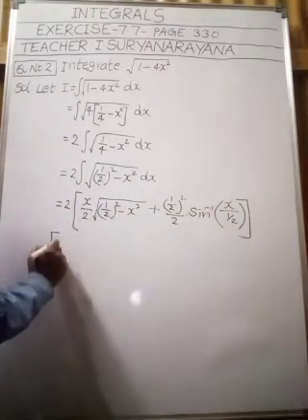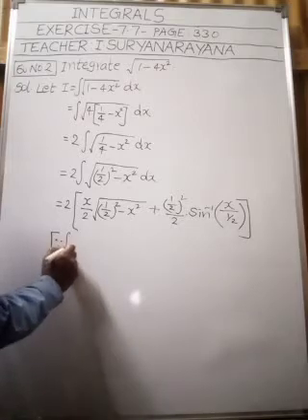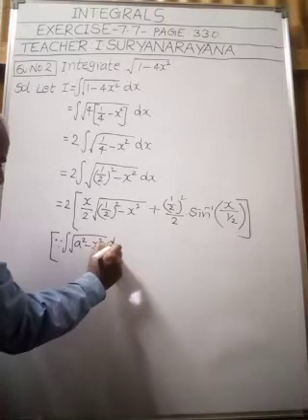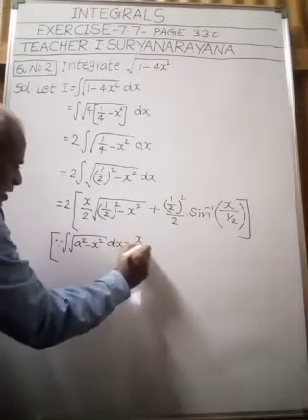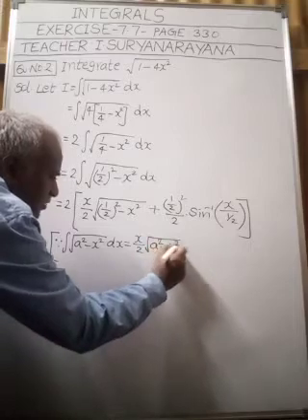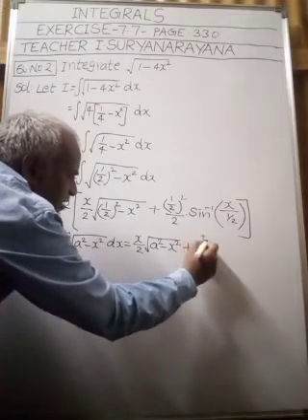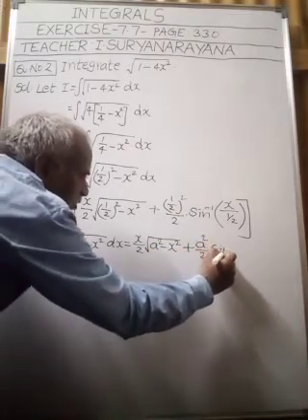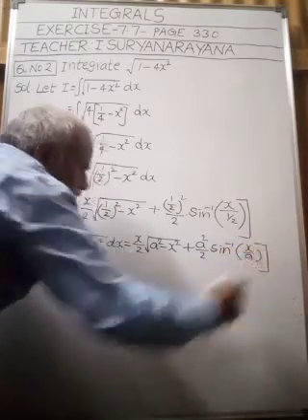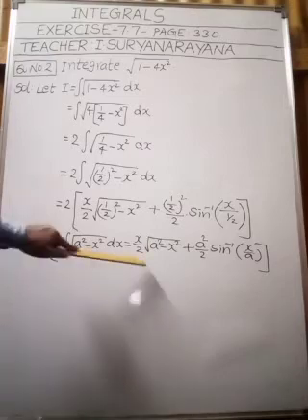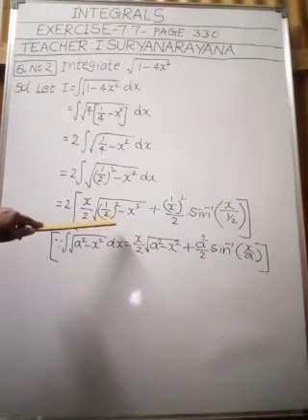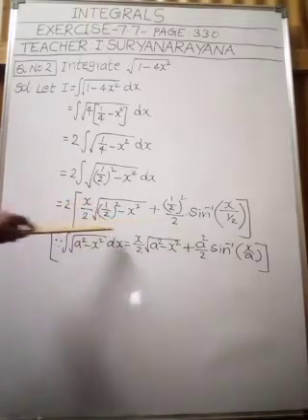By using this standard integral, root of a square minus x square dx is equal to x by 2 root of a square minus x square plus a square by 2 sin inverse of x by a. So by using this standard integral, we wrote this step where a is equal to 1 by 2. Okay, my children, understood this step.